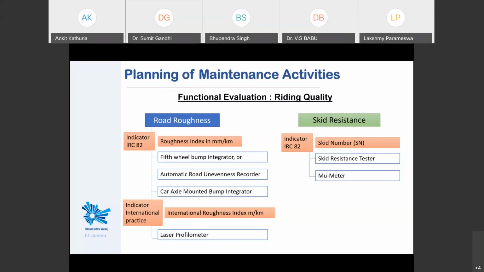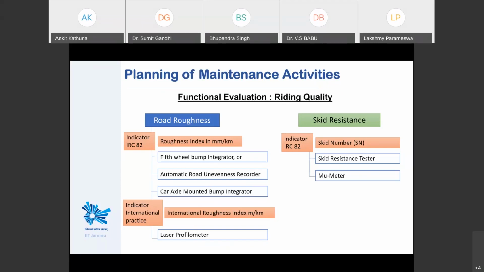When we talk about road roughness, there are two well-known indicators or indexes used to estimate it. One is the Roughness Index, also known as Unevenness Index, and the second is the International Roughness Index, IRI.